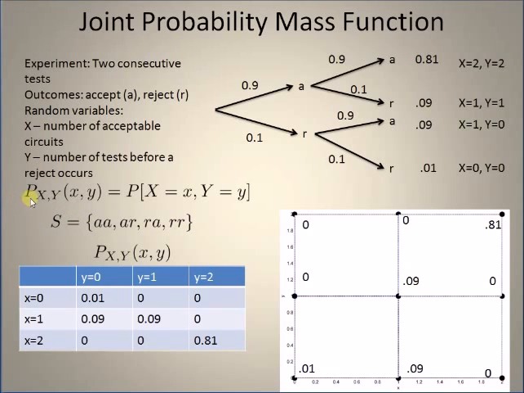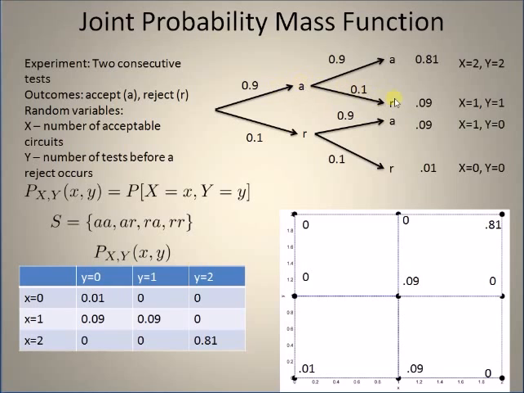So then the joint probability mass function is defined by the probability of X equal to x and Y equal to y. Here we have four possible outcomes, and the values of these random variables are, for example, for the outcome accept and accept, that is A and A, the probability is 0.9 times 0.9, which is 0.81, and the random variables will be X equal to 2 and Y equal to 2, since there are two accepted circuits in this path, and the number of tests before you reach a reject is obviously equal to 2.